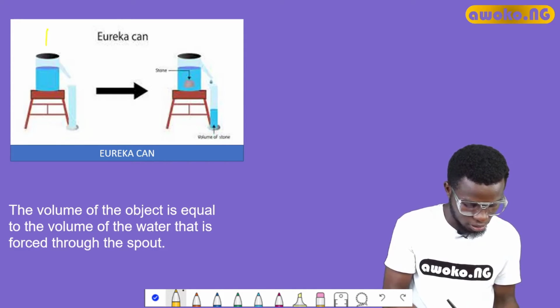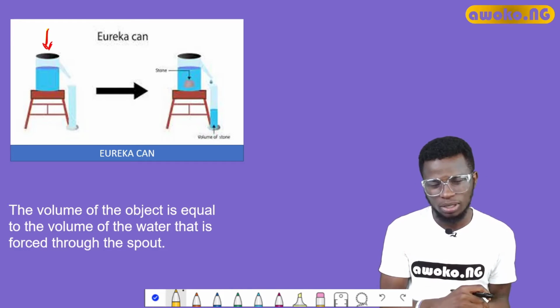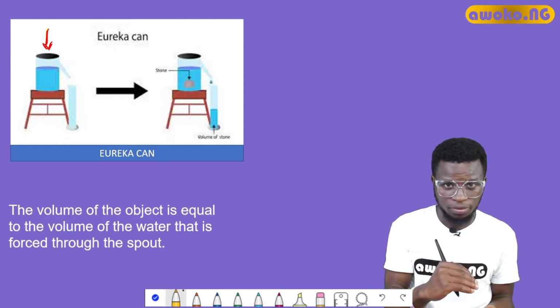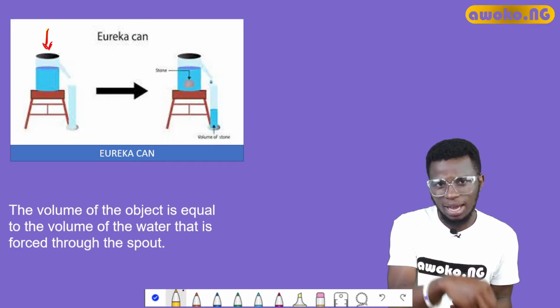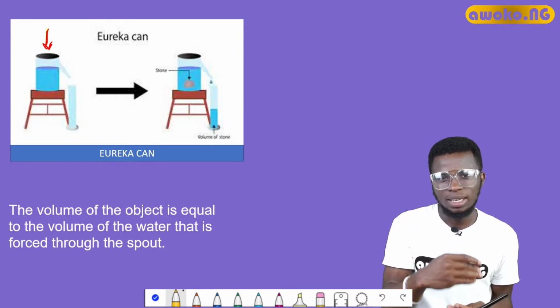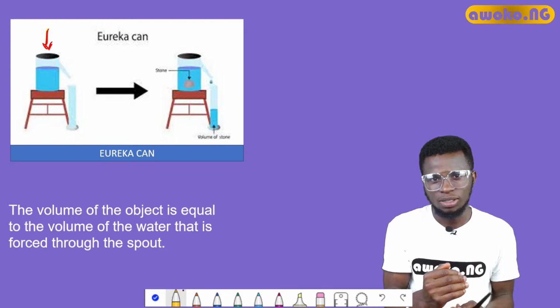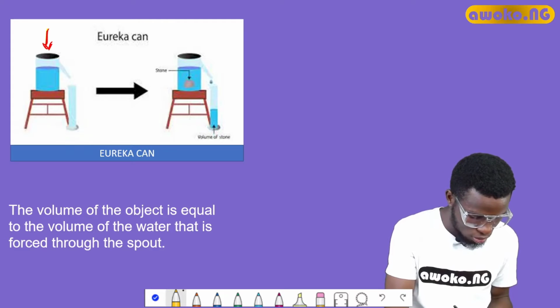The first image shows the Eureka can and the particular level of water that we have. So when we dip the stone inside the can, the stone will displace some amount of water, and this water will pass through this spout.